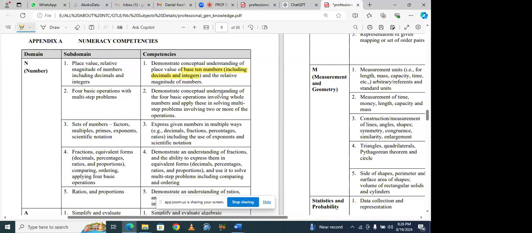So when we say base 10 numbers, what are base 10 numbers? Anyone to help us? That is just a mock-up we are doing before we kickstart. So base 10 numbers are going to be our focal areas, including decimals and integers.